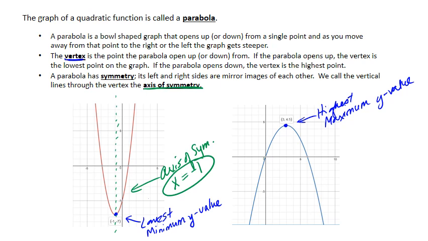In my second graph, my vertex has an x value of 3, so I have a mirror image on either side of x equals 3. So the axis of symmetry would be at x equals 3. Okay, so this graph is going to be very consistent as we look at quadratic functions, a parabola.